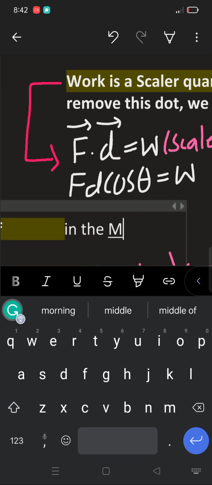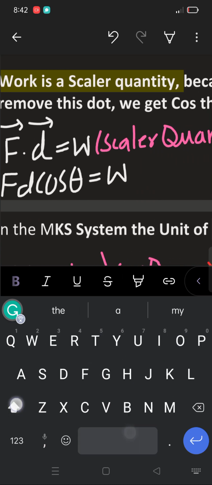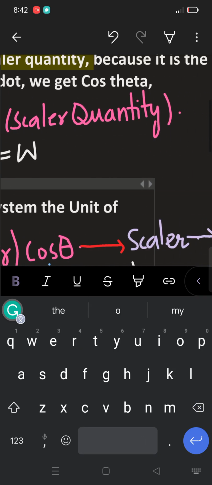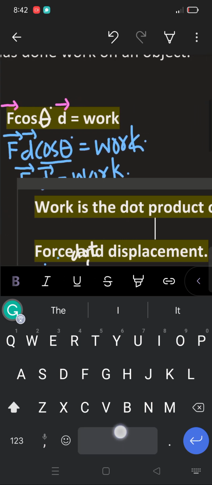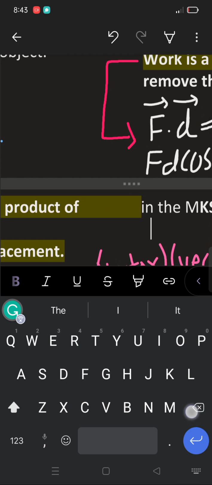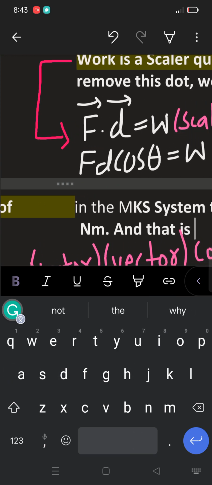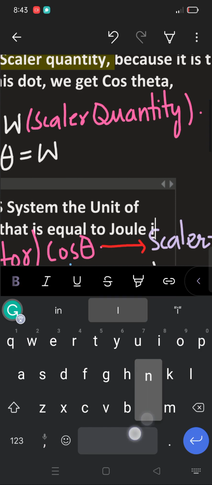In the MKS system, the unit of work is Newton meter, and that is equivalent to or equal to joule in the SI system.